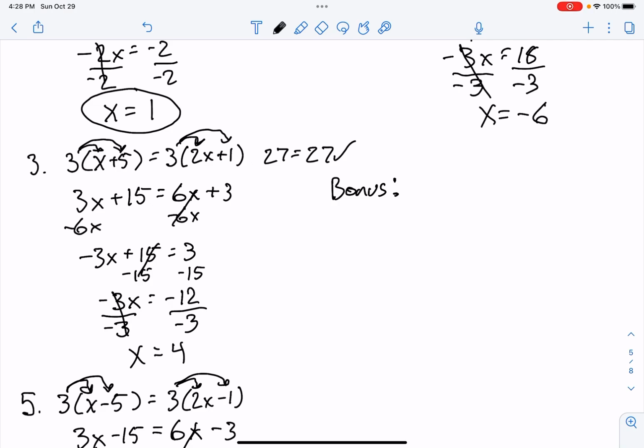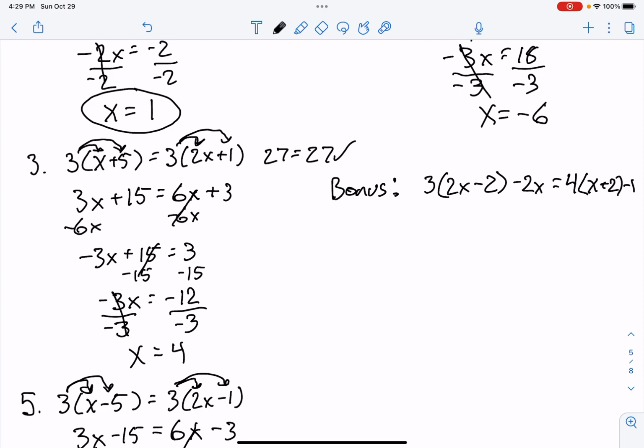So let's do 3 times 2x minus 2, and then minus 2x, all right, equals 4 times x plus 2 minus 1. Super random, just brought those out of nowhere.